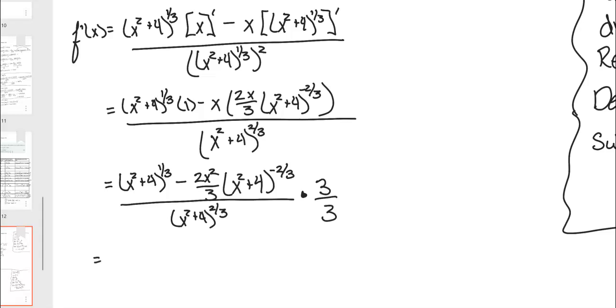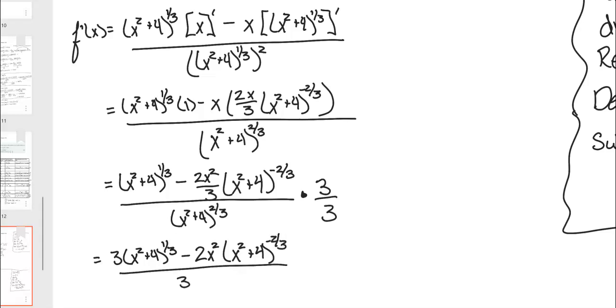And when I do that, I'm going to have 3 times x squared plus 4 to the 1/3 minus, that 3 and this 3 is going to cancel, leaving us with a minus 2x squared times x squared plus 4 to the negative 2/3, and that's going to be over 3 times that denominator. So that eliminates my complex fraction.